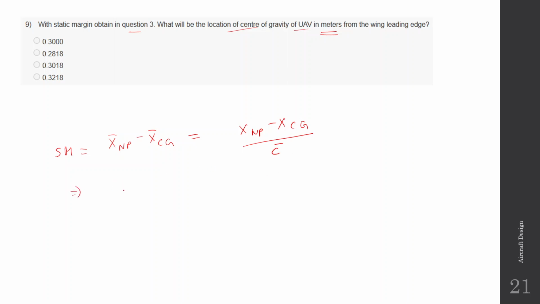So then you can solve for xcg. XCG is equal to xnp minus c bar into sm.